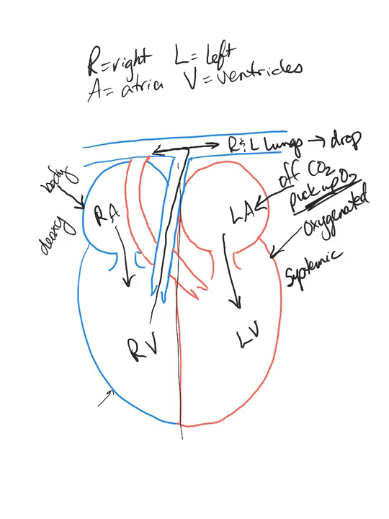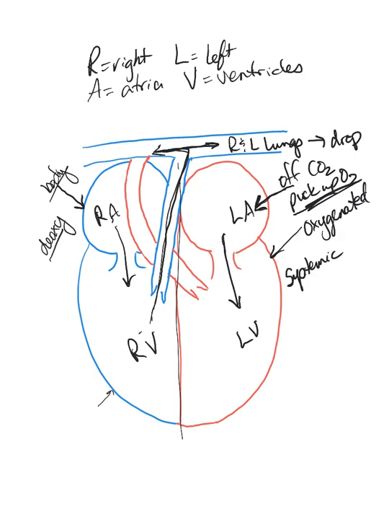So just to review again, deoxygenated blood flow from the body heads to the right atrium, down to the right ventricle, goes up through a vessel where it travels to the right and left lungs, dropping off CO2, picking up oxygen, and heading back to the heart to the left atrium.